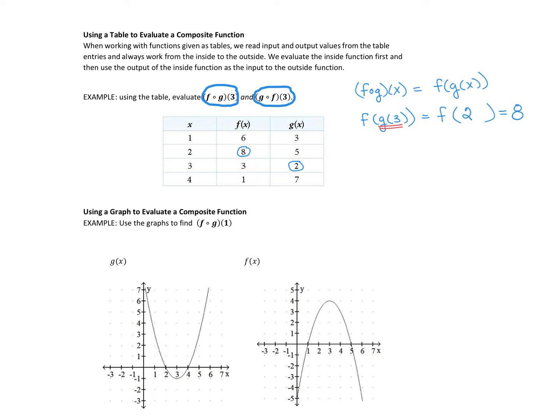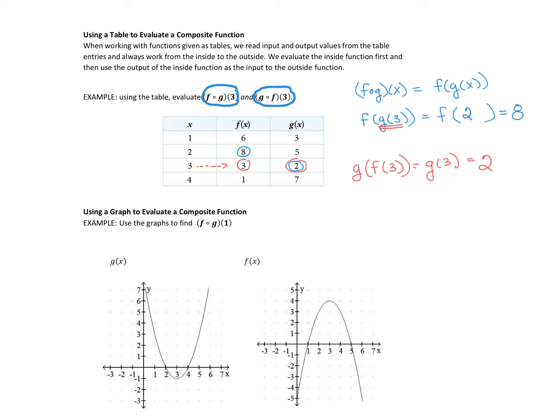For the second example, we have g of f of 3. So we first find f of 3. Our x value is 3. So we have g of 3, and g of 3 is, again, 2. So that's how we use a table to find a composition.